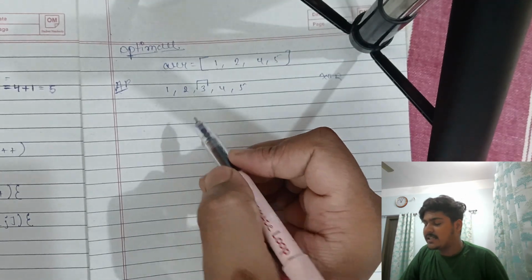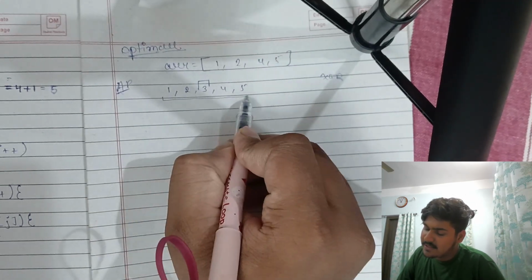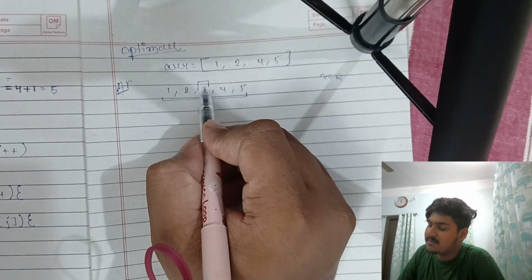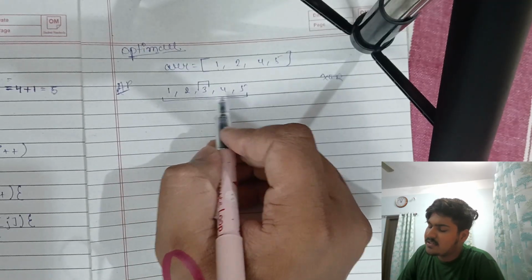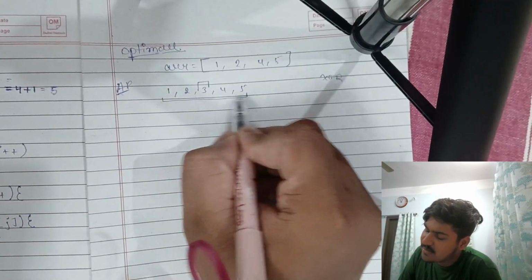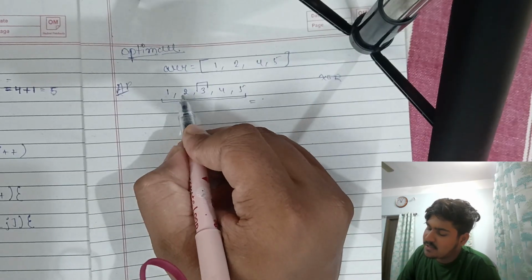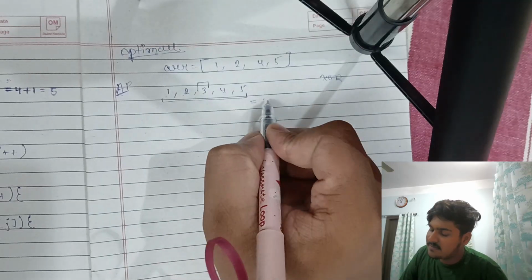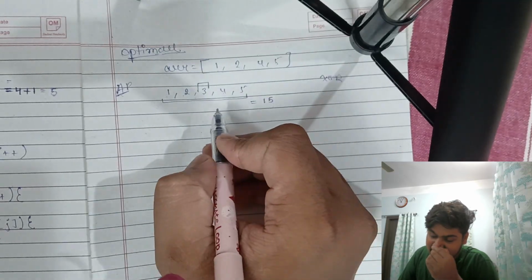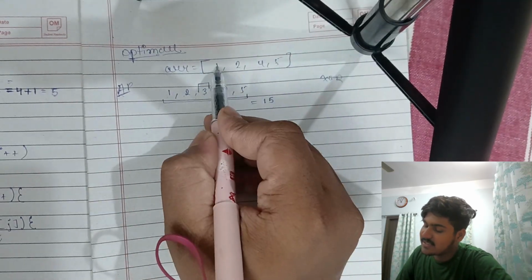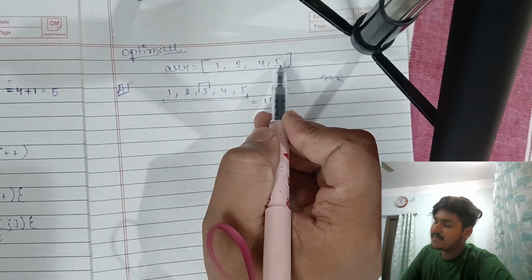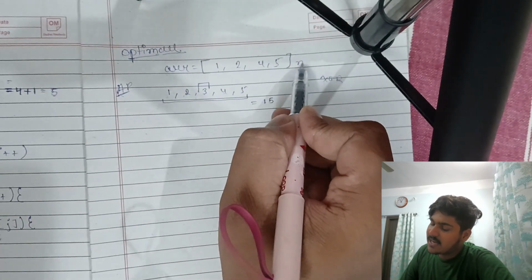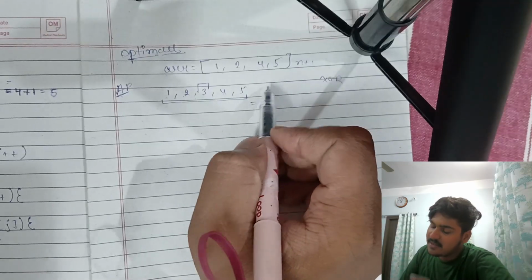So what you can think is that we need to find the missing element and everything else is present. So if you find the total sum of it, like 1 plus 2 is 3, 3 plus 3 is 6, 6 plus 4 is 10, and plus 5 is 15. This is 15, that is normal. You can say that from 1 to the last element, or you can say n plus 1, that is 5.